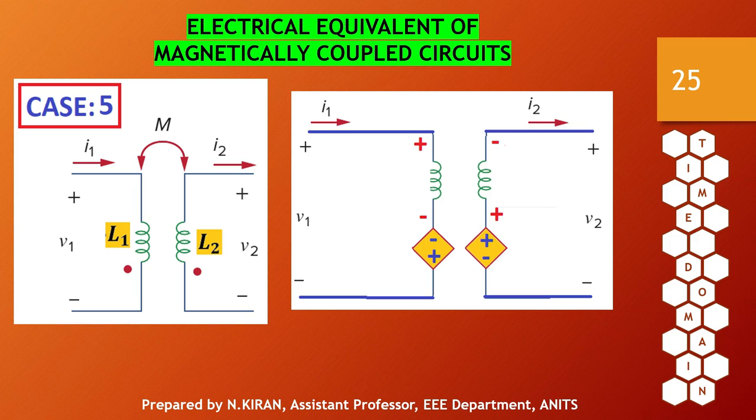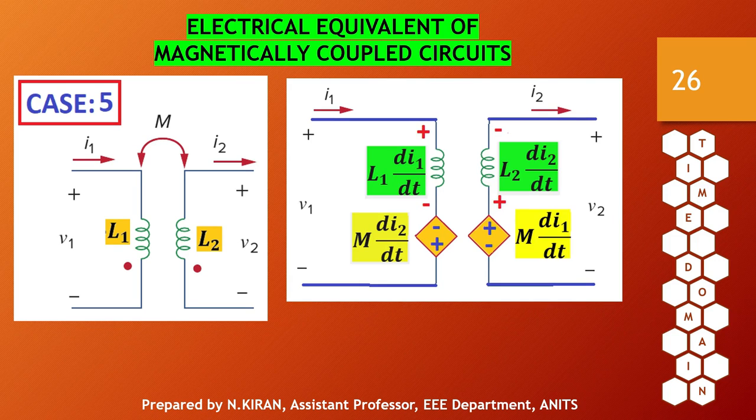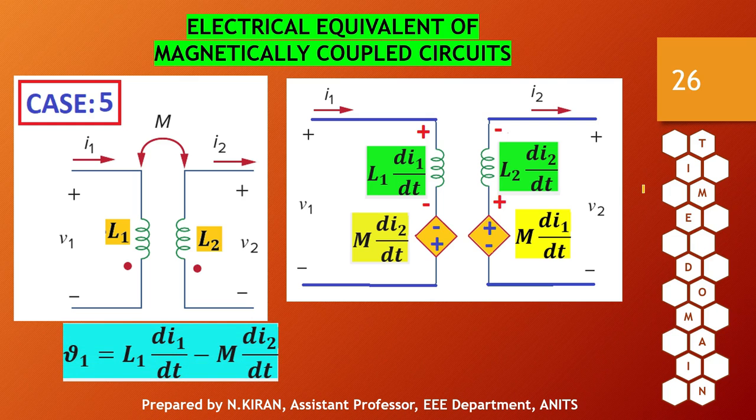Accordingly, the expressions for self-induced EMF as well as mutually induced EMF will be as shown, and on applying KVL in the first loop I'll get V1 equals L1 di1 by dt minus M di2 by dt.